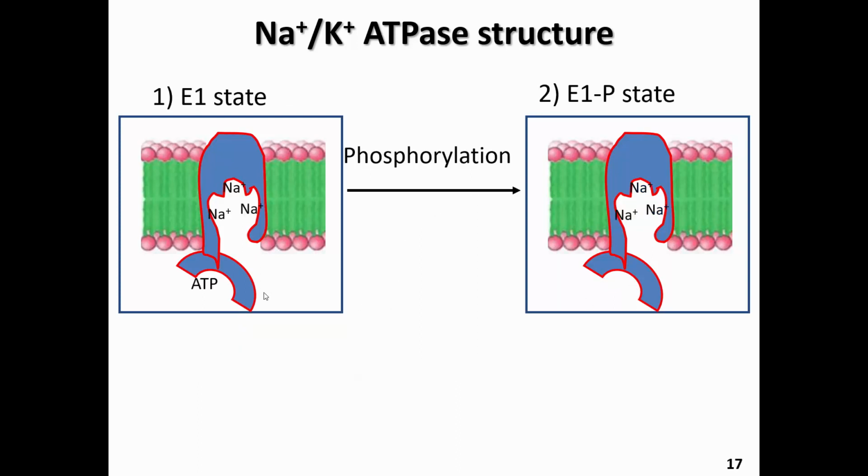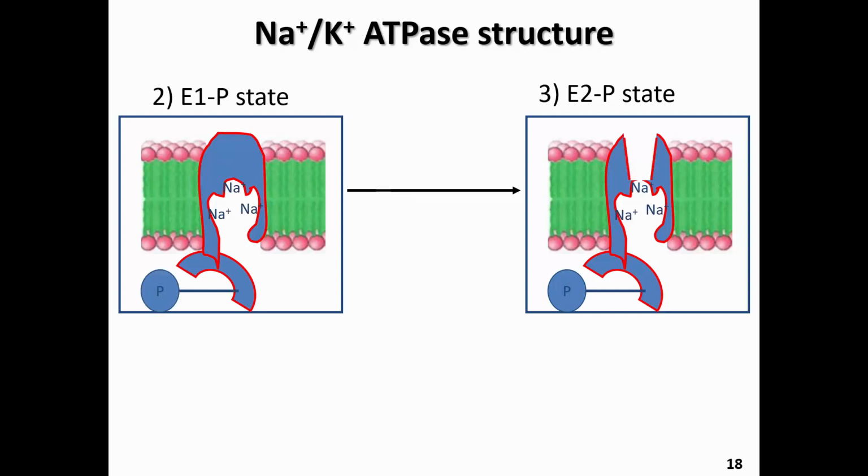Continuing on this slide, here we have still the E1 state represented as we had on slide 16, and now we have the phosphorylated state. Following ATP hydrolysis, the ADP portion of the molecule is released into the cytoplasm, and the resulting phosphate group that came off of the ATP molecule will form that chemical bond with the aspartate residue on the catalytic domain of the enzyme.